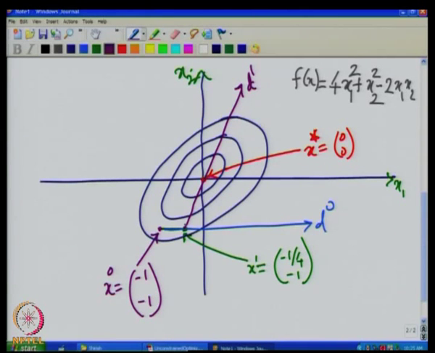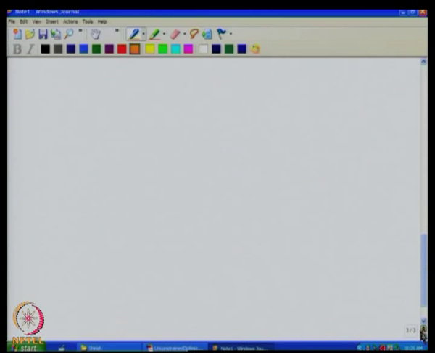So, if we do the exact line search along this direction, we end up at x star. Now, compare this with our earlier approach, for the same function.